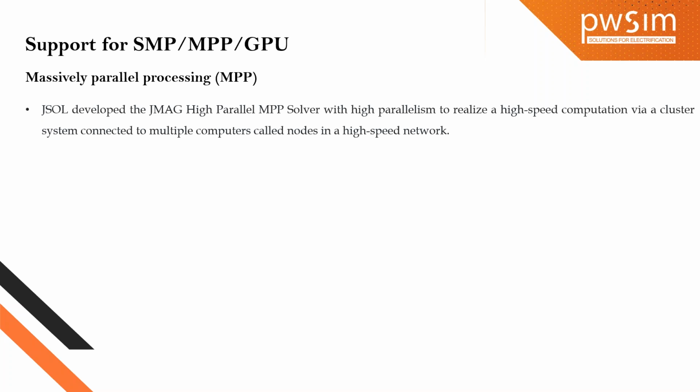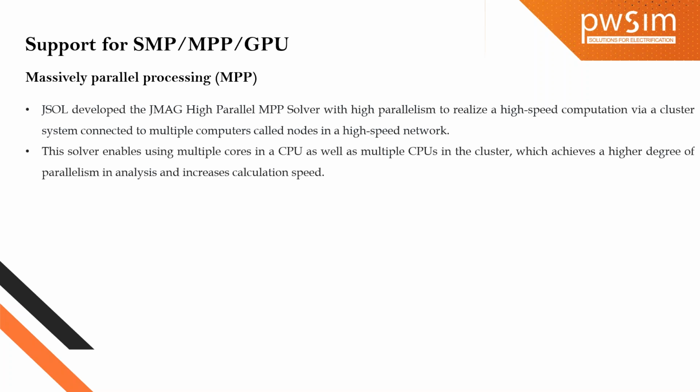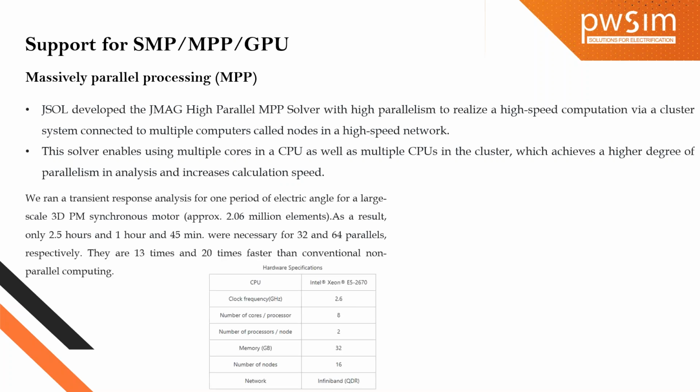Each computer has many cores that can be utilized as per the MPP usage. It enables using multiple GPUs as well as multiple CPUs in a cluster, which achieves a high degree of parallelism in analysis and increases calculation speed as well.